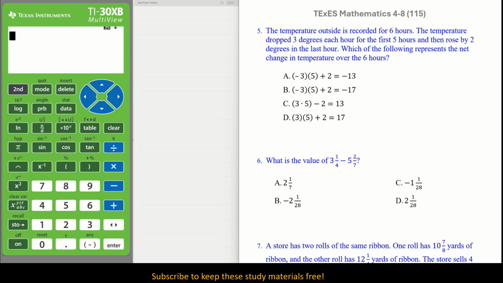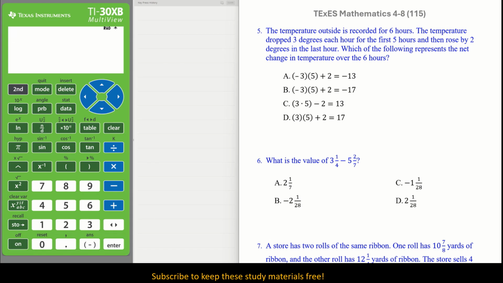Number 5. The temperature outside is recorded for 6 hours. The temperature dropped 3 degrees each hour for the first 5 hours, and then rose by 2 degrees in the last hour. Which of the following represents the net change in temperature over the 6 hours?